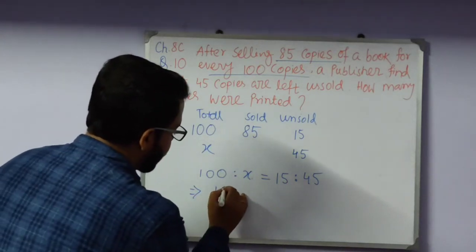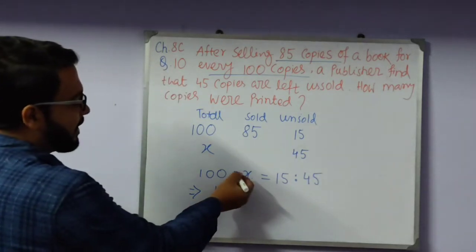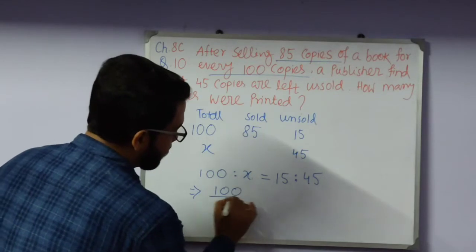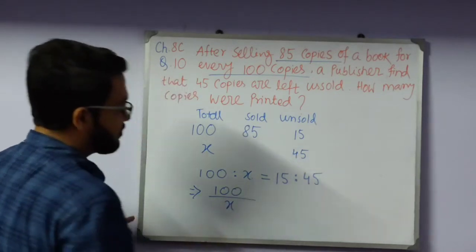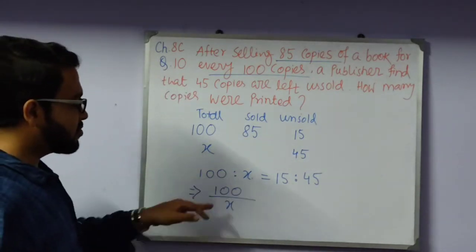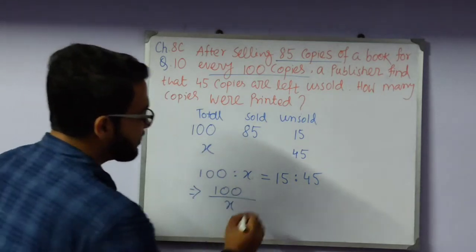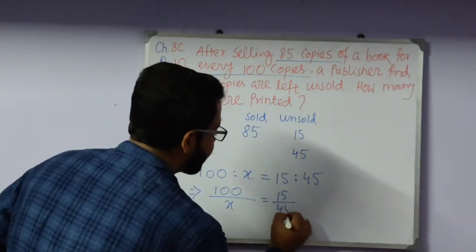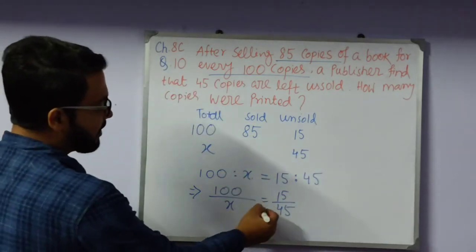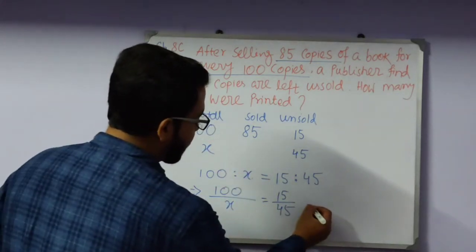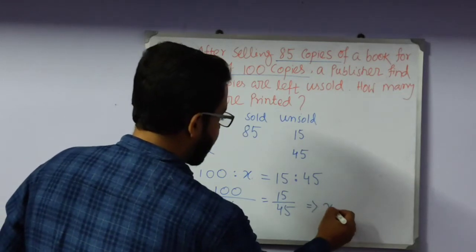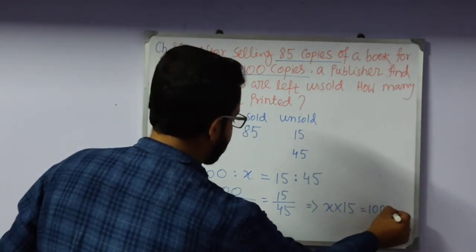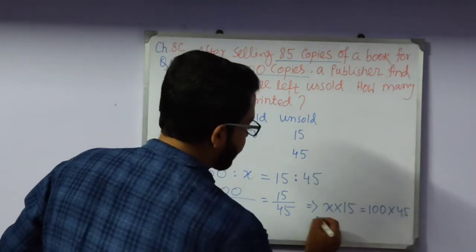So we take is to as the ratio, so we can write this is to sign by this divide sign, 100 divided by X is equal to 15 divided by 45. Now cross multiplying these two, we get X into 15 is equal to 100 into 45.